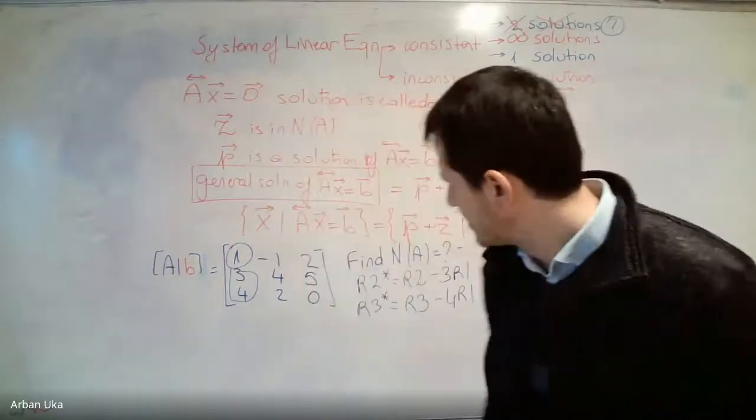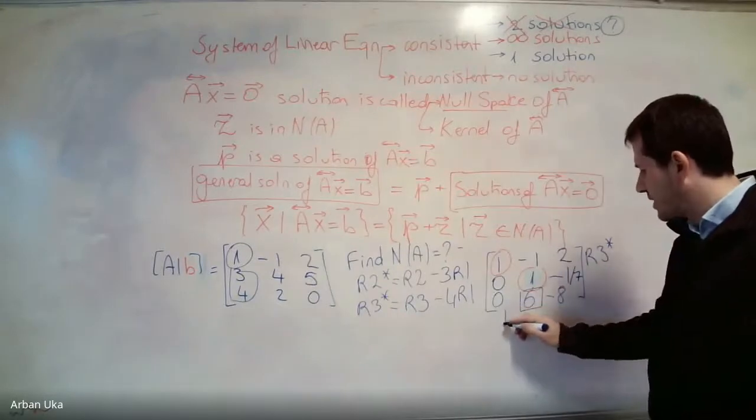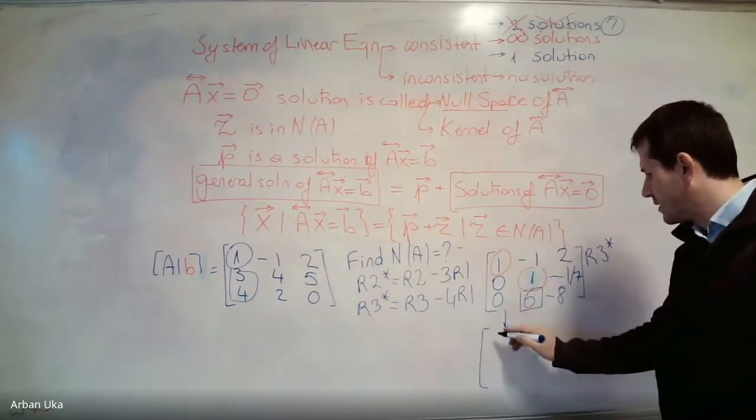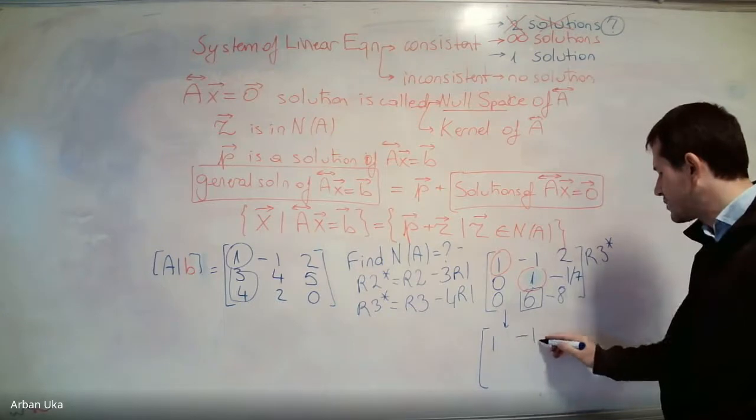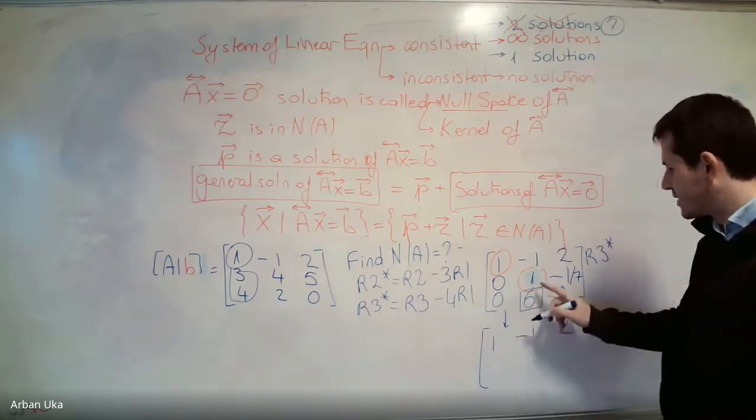Sorry, Professor. You divided by 7, but would it be possible to subtract R3 from R2 to get a leading one? Because it was 7. Yes, that's a very good suggestion. So let's follow that reasoning this way. Let's keep 1, -1, 2, and that's perfect actually.